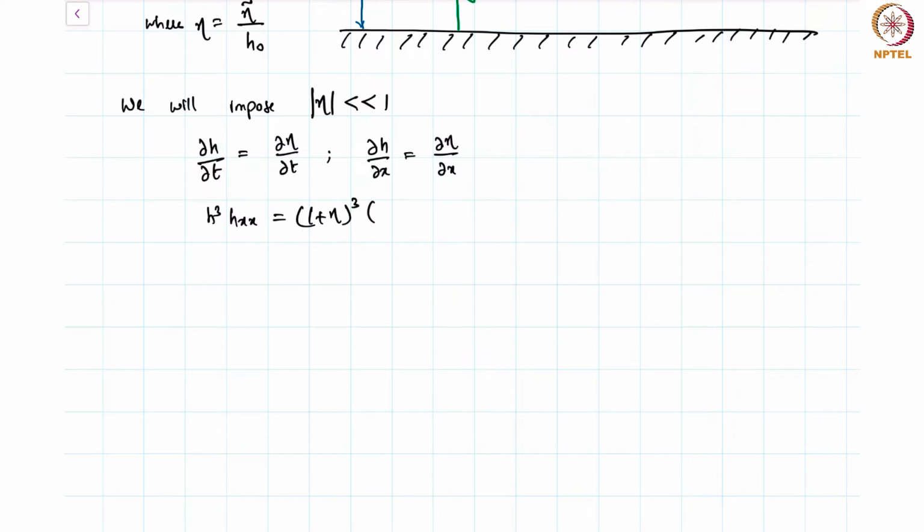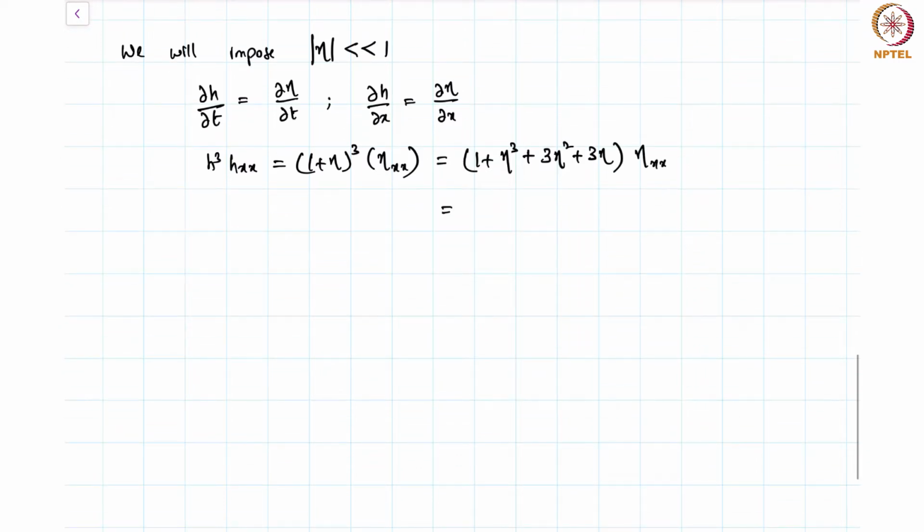What is hxx here? It will be eta xx. Remember, the subscript x denotes a derivative with respect to x. Now I can do an expansion here. This would be 1 plus eta cube plus 3 eta square plus 3 eta times eta xx.